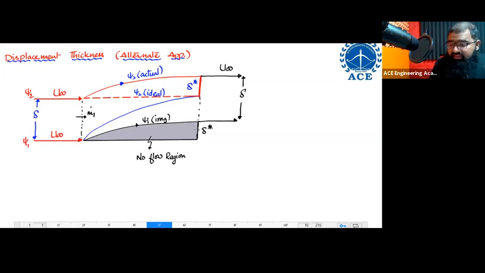That particular distance perpendicular to the plate is known as delta star. Please understand this thing. Hope you are following. My mass flux m dot 1, I'm imagining, initially was having uniform velocity profile. If I again wanted to have a uniform velocity profile, it should sacrifice some portion of its actual flow. Look, actually over here flow is taking place.